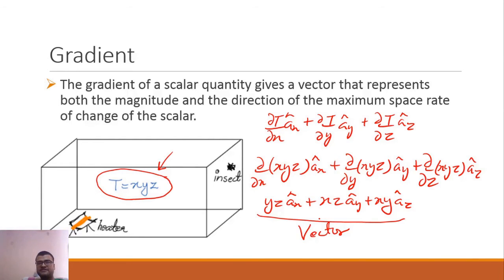For example, this insect is right now at a fixed position, and if you mark this position as some values of x, y and z, and place these values in this resulting vector, you will get a single vector. And when the position of this insect is changed, you will get different values of x, y and z, so the direction of the vector will also change. So you perform the gradient on a scalar and you will get a vector, and this vector tells a very important characteristic.